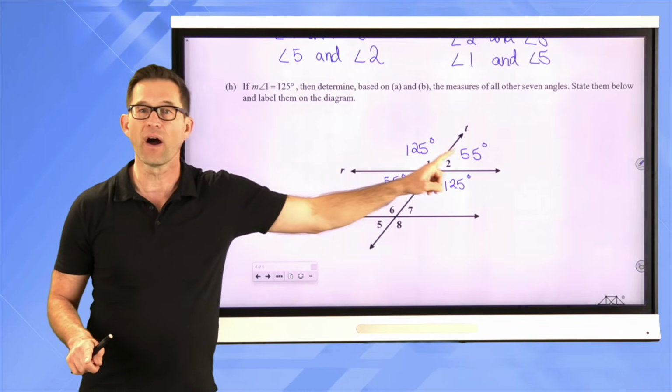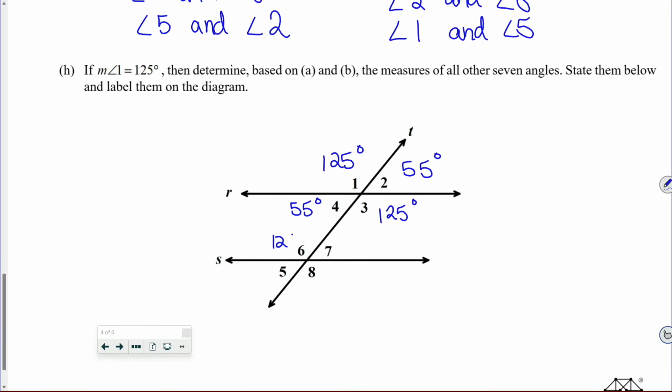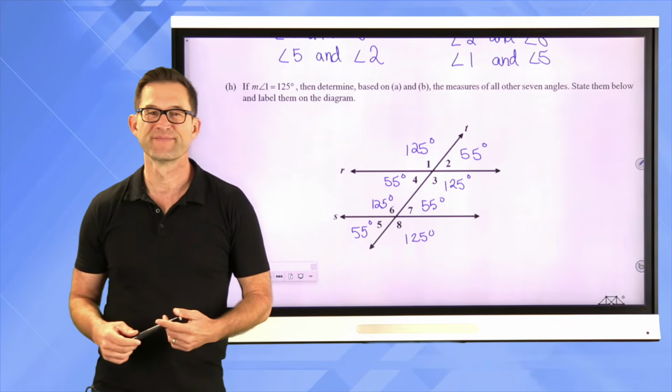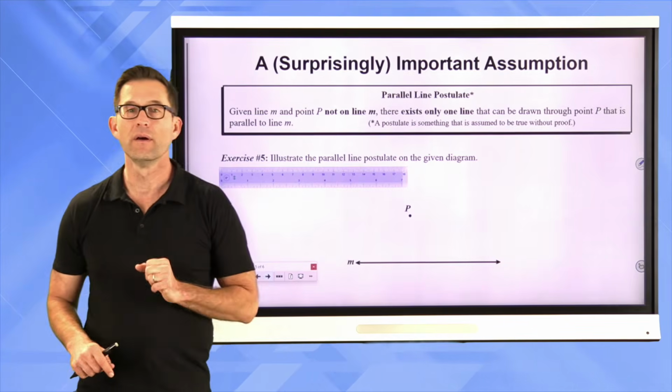If 2 is 55 degrees, so is 7. So this is 125 degrees, number 7 is 55 degrees, number 8 is 125 degrees, and number 5 is again 55 degrees. Simple enough.